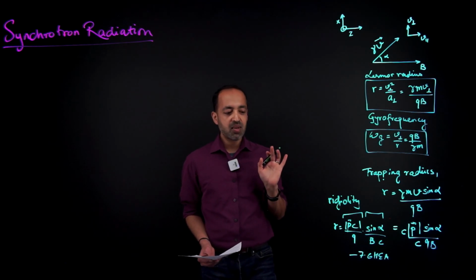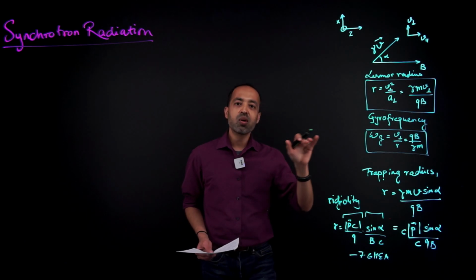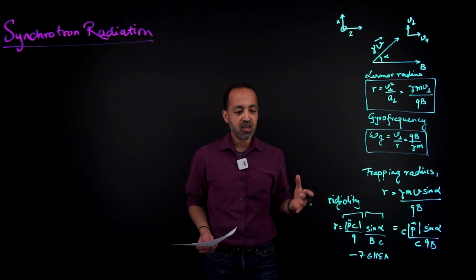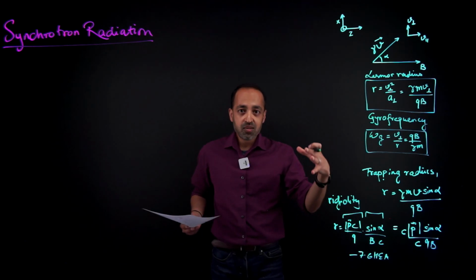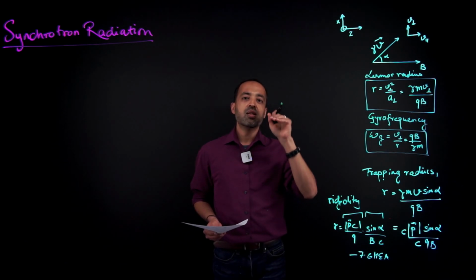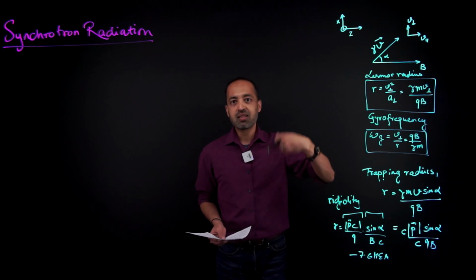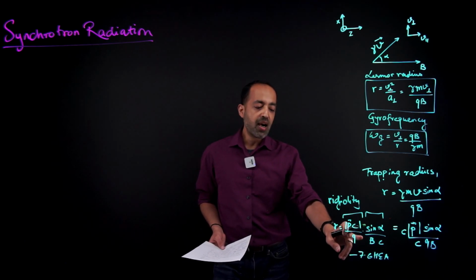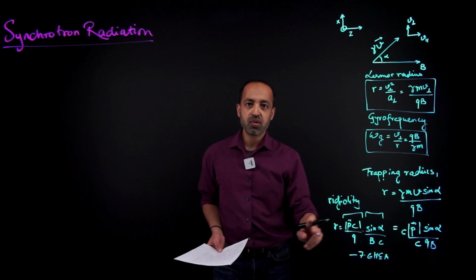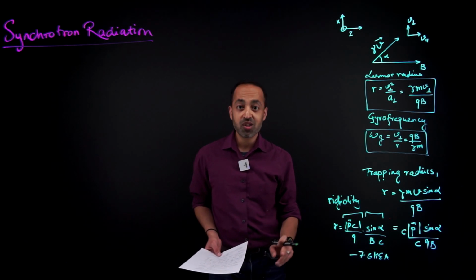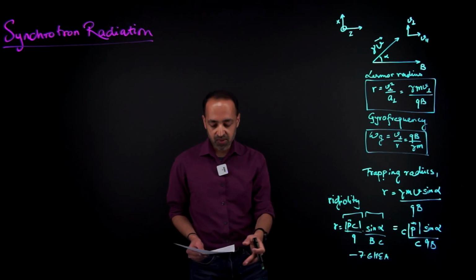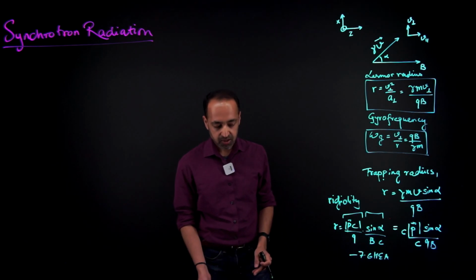So more rigidity means that it has a larger radius and is more likely to escape that volume without getting trapped. Of course, if this r is smaller than a given volume, then the particle's path gets curved enough so that it gets trapped within that region of space. So the larger the rigidity, the more likely it is for the particle to escape. And you can see that more energetic particles are more likely to escape a region of magnetic field. And therefore, that's why this rigidity quantity is important.